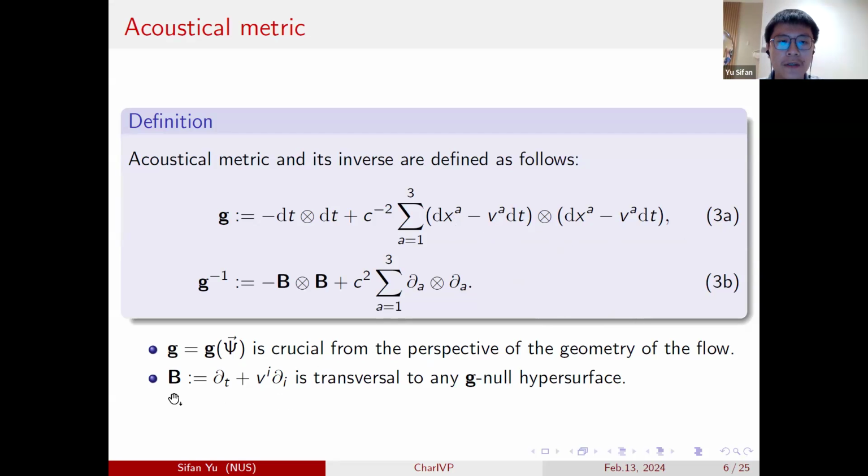The other important property that I should mention is that the material derivative B is transversal to any g-null hypersurfaces. Moreover, this material derivative B is time-like, and that means from the point of view of the material derivative, a null hypersurface has not much difference from any space-like hypersurface, which allows us to derive good enough elliptic estimates and energy estimates to close the argument.